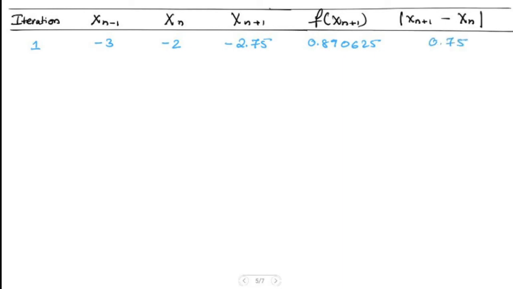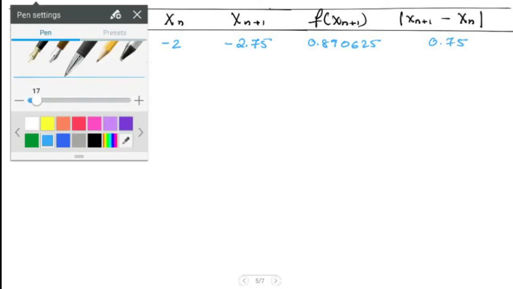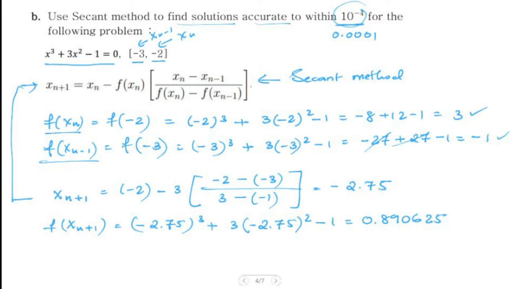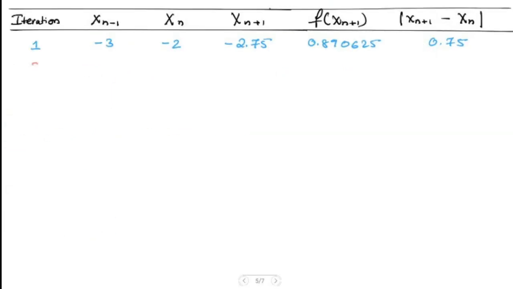Okay, now let's go for iteration 2. Maybe it's better I work it out here itself. For iteration 2, our xn minus 1 is now our previous xn, so the minus 2 is here, and our xn will be the previous xn plus 1, which is minus 2.75. So our xn minus 1 and xn have changed.